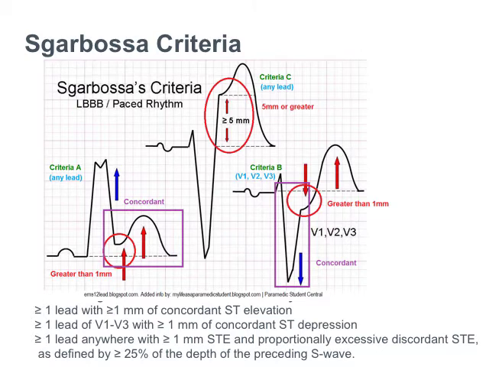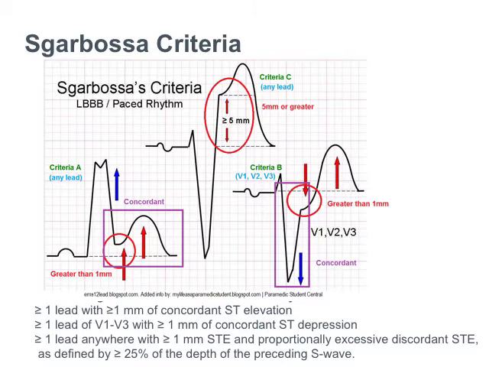So again, concordant elevation, that's a problem. Concordant depression, that's a problem. And then the last one basically says, if the ST elevation is more than 25% of the depth of your S wave, or flip it around, the ST depression is more than 25% of your R wave, then you've got a problem.